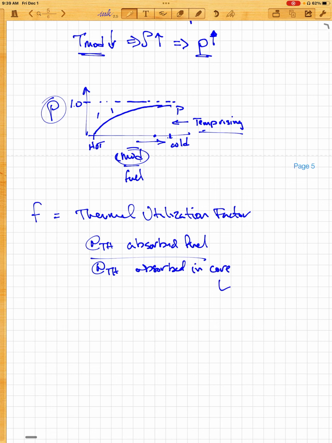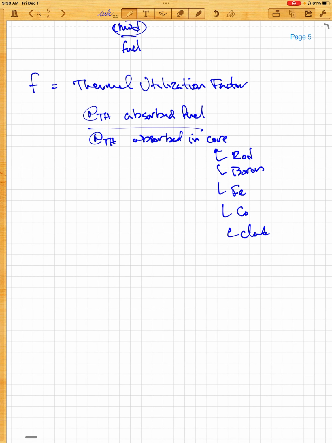So this is an easy one because remember core means rods, boron, that means iron, cobalt, clad, that's everything, okay? Number absorbed in fuel or number, well that's easy to know. We can manipulate the rods and we can manipulate the boron. But we're actually manipulating the moderator to fuel.